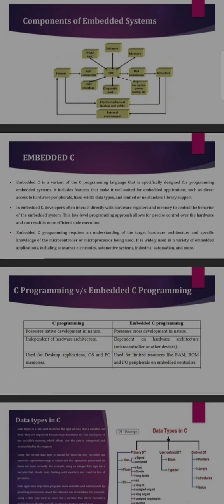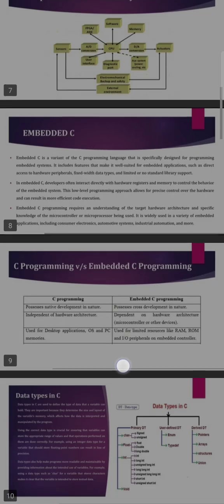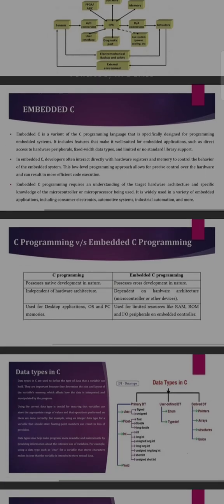What is embedded C? Embedded C is a variant of the C programming language that is specifically designed for programming embedded systems. It includes features that make it well suited for embedded applications, such as direct access to hardware peripherals, fixed width data types, and limited or no standard library support. In embedded C, developers often interact directly with hardware registers and memory to control the behavior of the embedded system.